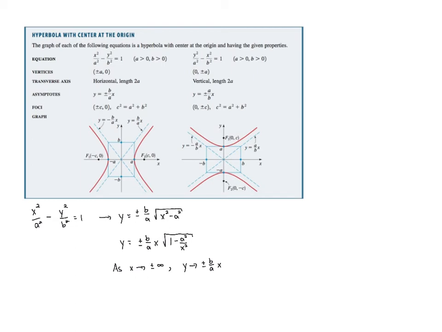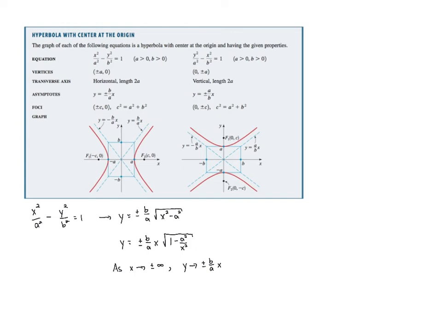The last thing I want to talk about is the relationship between the vertices, the foci, and the numbers a, b, and c. So we had a relationship between a, b, and c when we were dealing with ellipses, and we're going to have a different relationship between a, b, and c when we're dealing with hyperbolas, because hyperbolas are very different from ellipses.